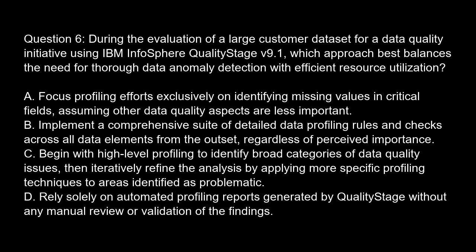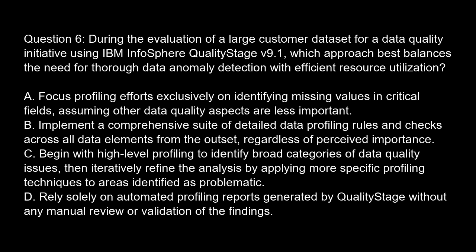Question 6. During the evaluation of a large customer dataset for a data quality initiative using IBM InfoSphere QualityStage V9.1, which approach best balances the need for thorough data anomaly detection with efficient resource utilization? Option A. Focus profiling efforts exclusively on identifying missing values in critical fields, assuming other data quality aspects are less important.